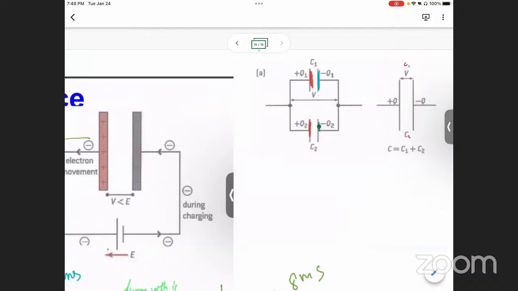So in a sense, what you did just now is actually correct. When you connect the two plates, you just have a larger plate. Larger plate means larger capacitance. Larger capacitance means C1 plus C2, done.